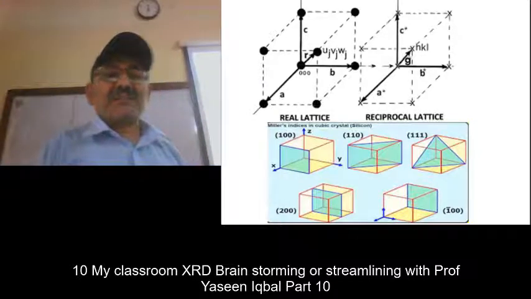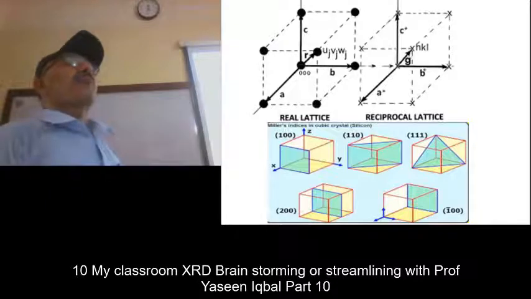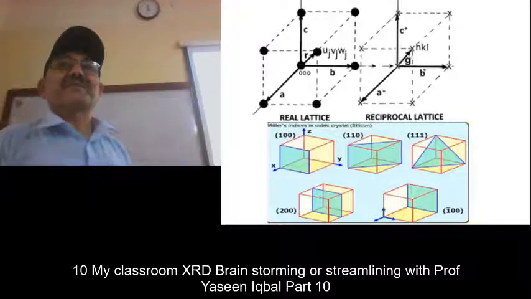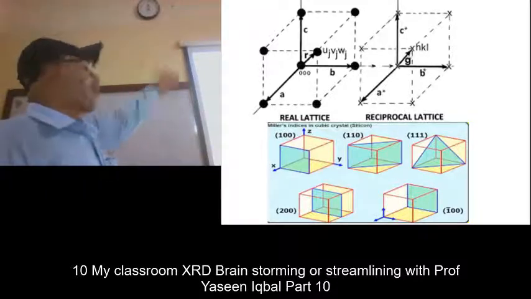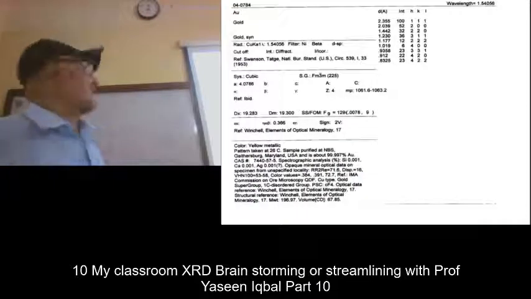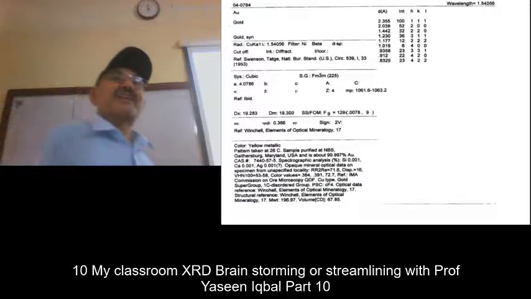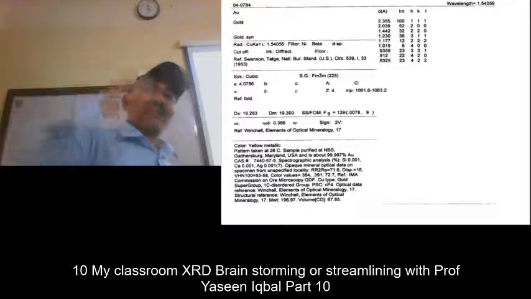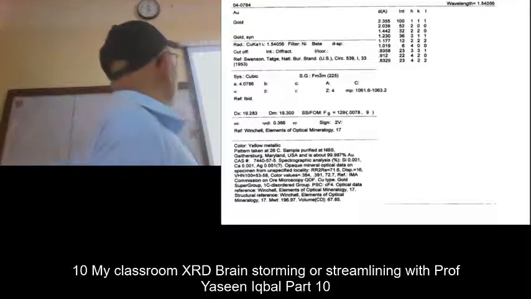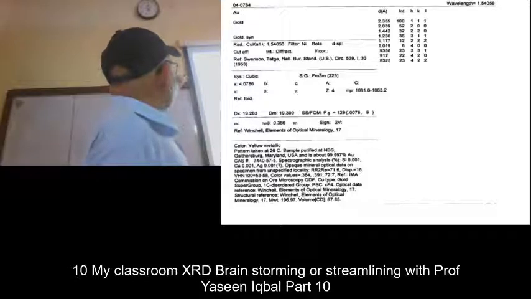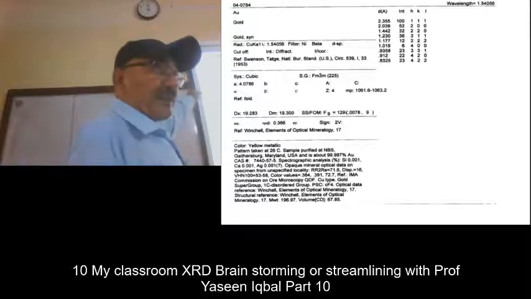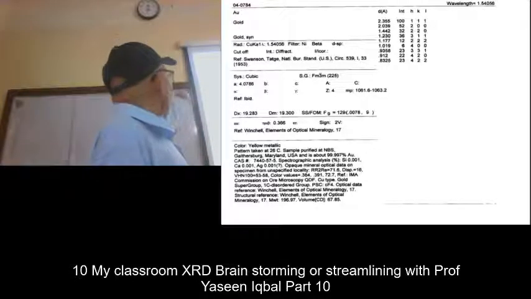Yesterday I also told you about the JCPDS card. So this is the old pattern, JCPDS, Joint Committee for Powder Diffraction Standards, right? Gold, crystal system cubic, lattice parameter a.